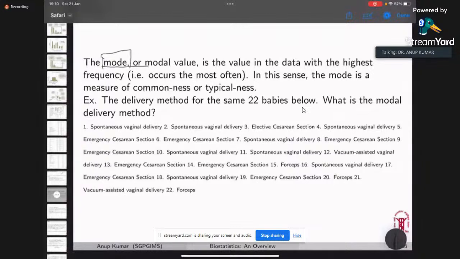The example is that these are the 22 babies born in a hospital in the last week, and this is the type of delivery. So what is the modal delivery method? By looking at this, you see which method accounts for the maximum number of babies out of these 22, and by this you can present the modal value.